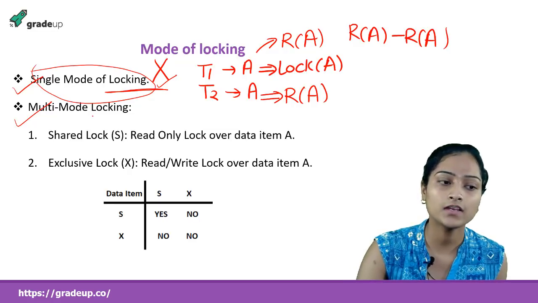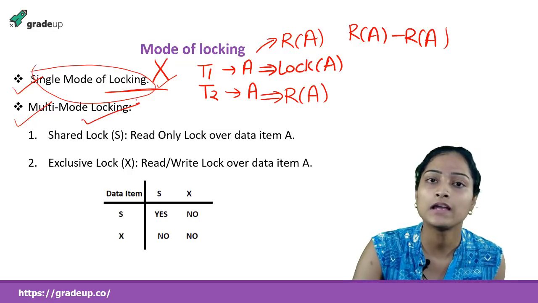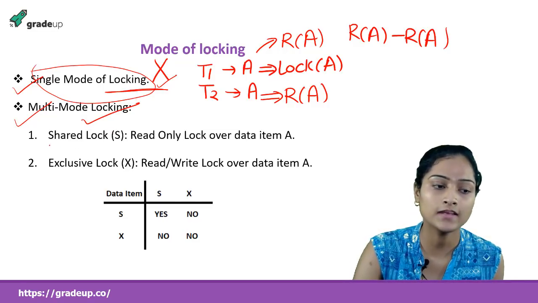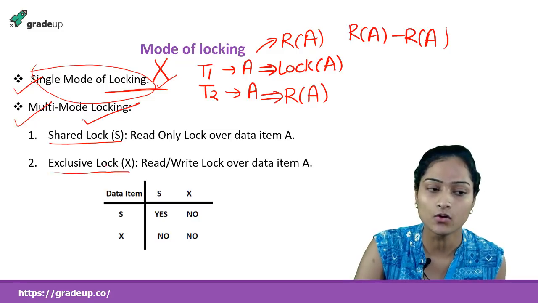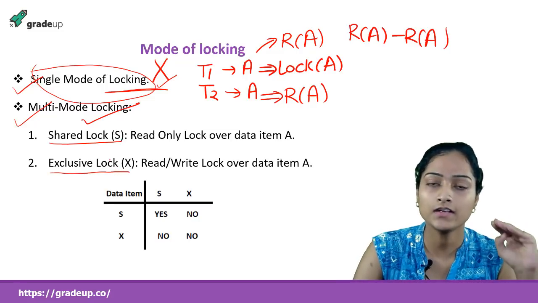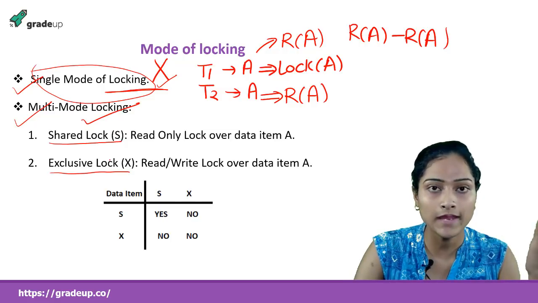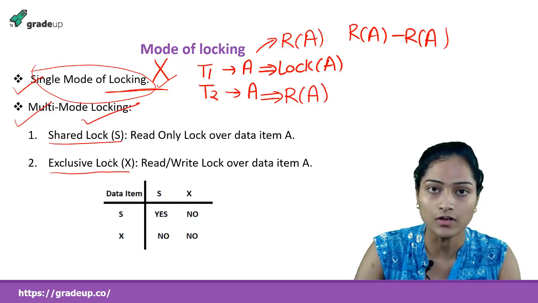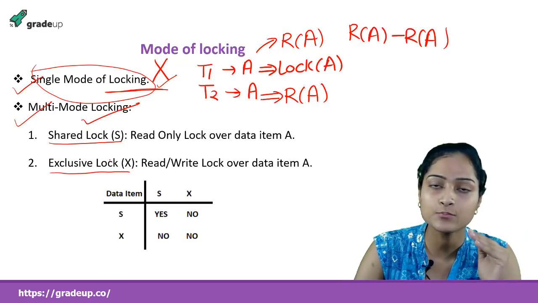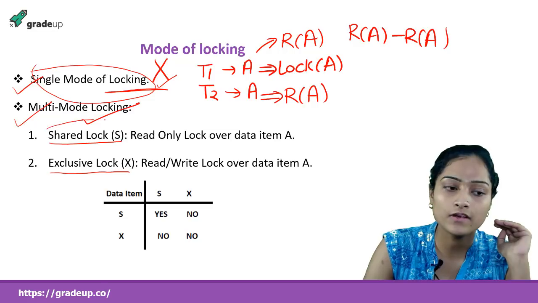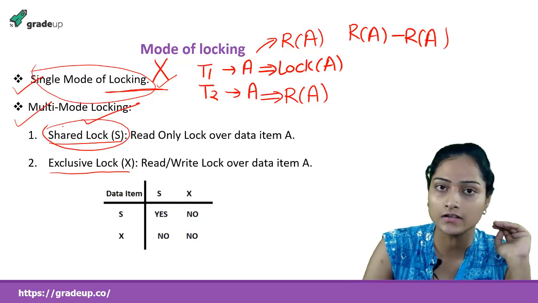Then we came up with a new technique known as multi-mode locking. Here locking is provided in two manners: one is shared lock, the other is exclusive lock. Whenever a transaction T1 wants to access a particular data item A, it will make a request to our concurrency controller. If the request is made to read that data item, then the concurrency controller will grant you a shared lock.